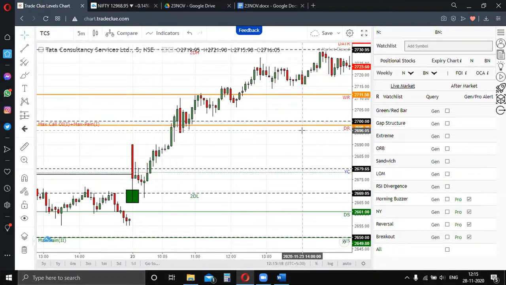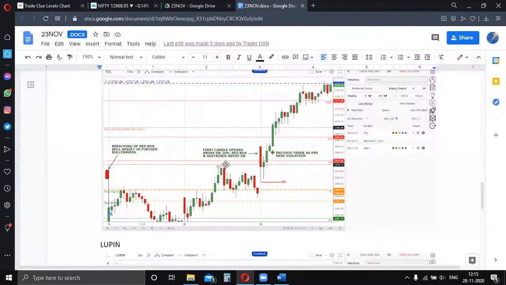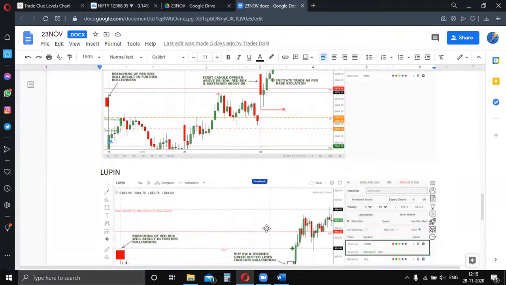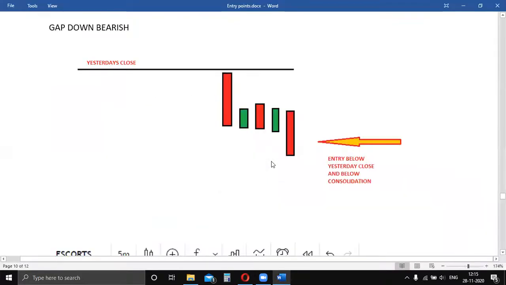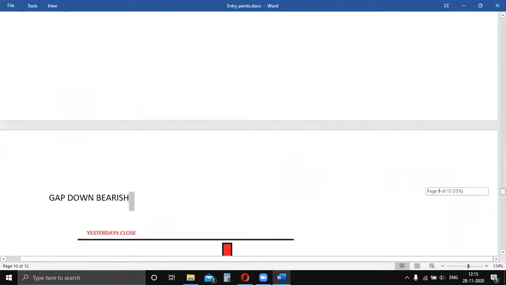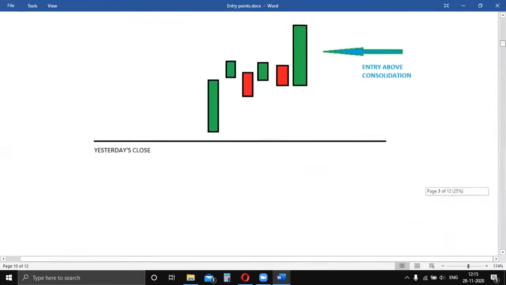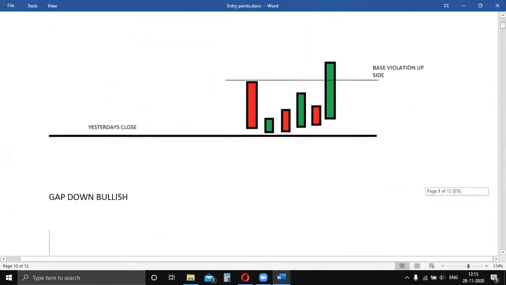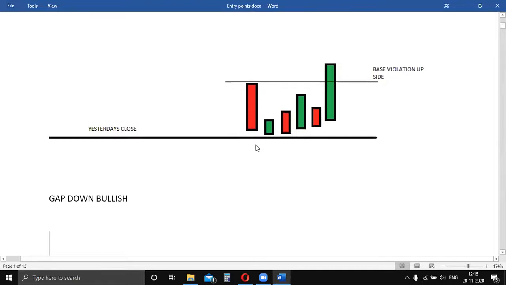Which is nothing but a base violation. See here. The first candle is a very good red one. The same thing I have explained in the entry points. This is one of our entry criteria, which is nothing but a good red candle, a base formation, and then a breakout.